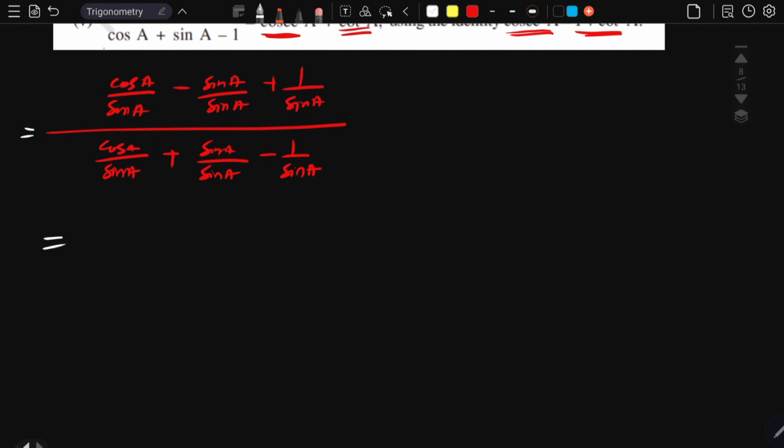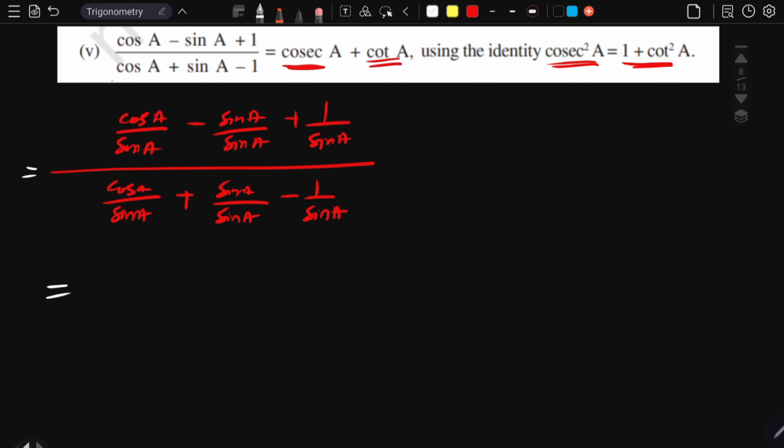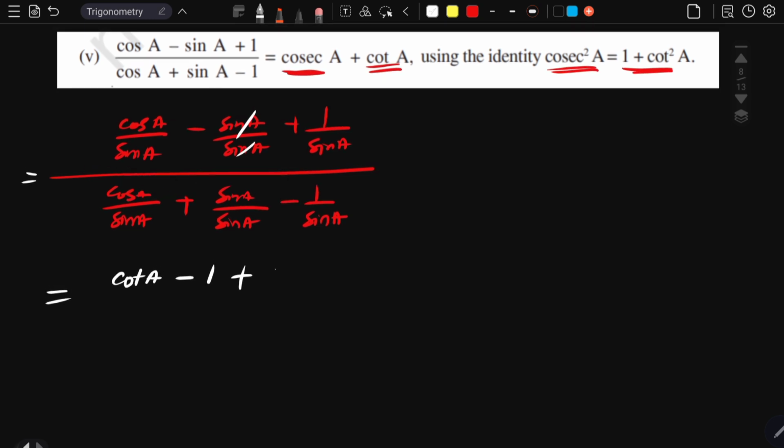Then cos A by sin A gives cot A, minus sin A cancels, and 1 by sin A we can write as cosecant A. In the denominator, cos A by sin A is cot A, plus sin A cancels, and 1 minus 1 by sin A is cosecant A.